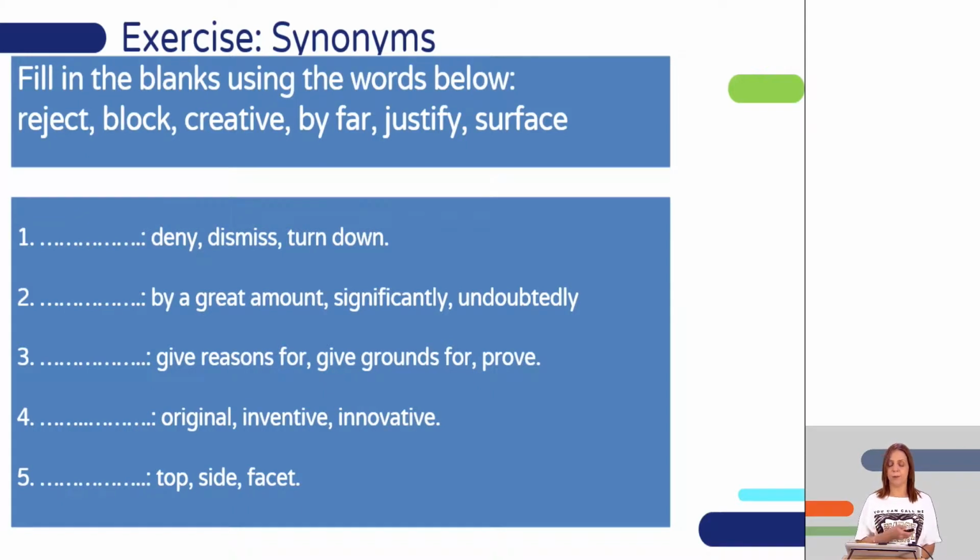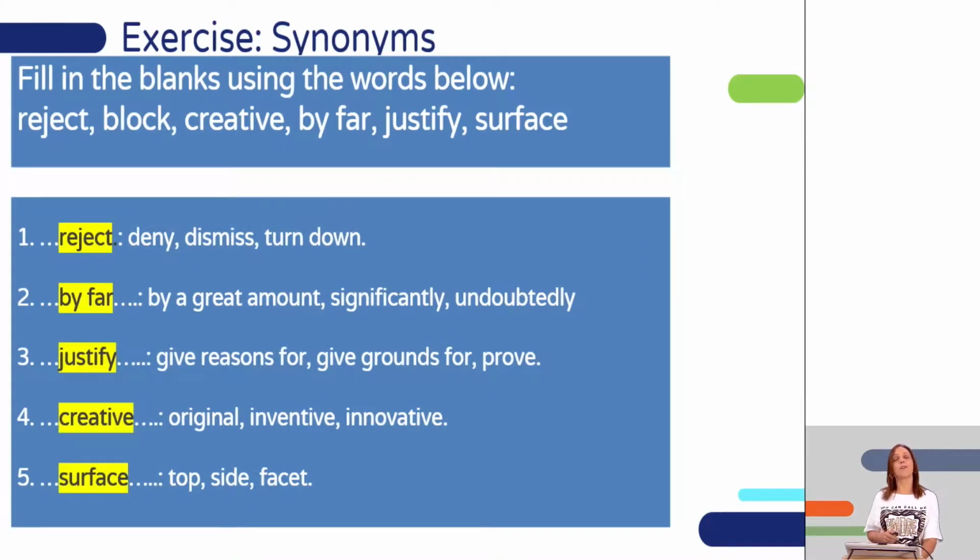Ready? Let's move on. So here we have the first group. Reject. Reject goes with deny, dismiss, turn down. They all have the same or similar meaning. The second group: by a great amount, significantly, and undoubtedly, by far, right.